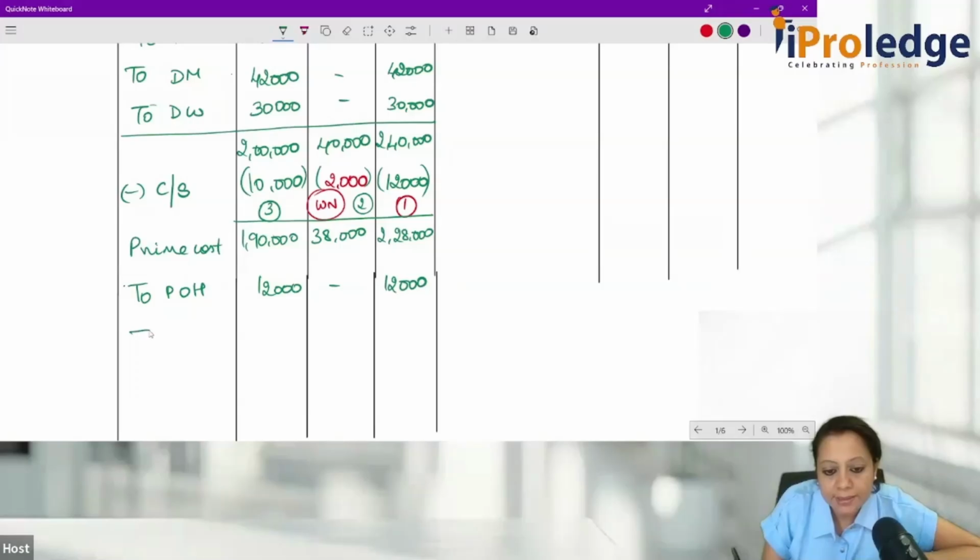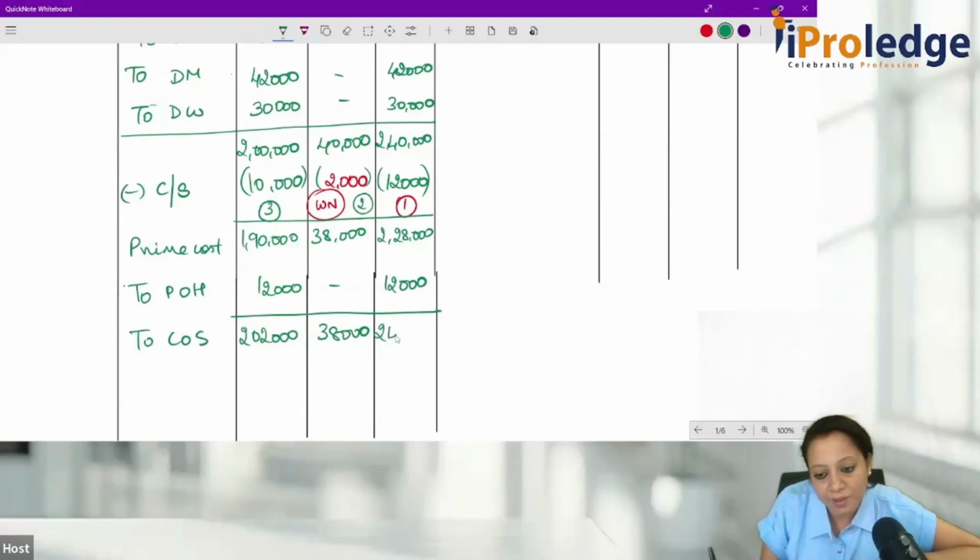Now we will calculate the cost of sales, just like the previous process. So 2,02,000, 38,000, and 2,40,000. All right.